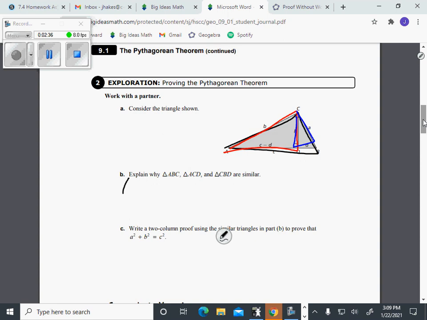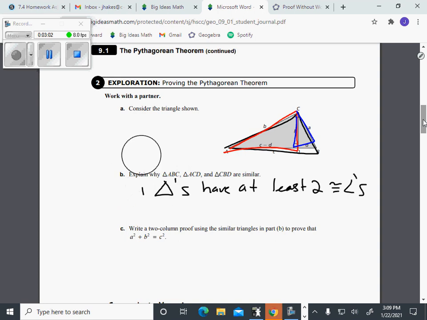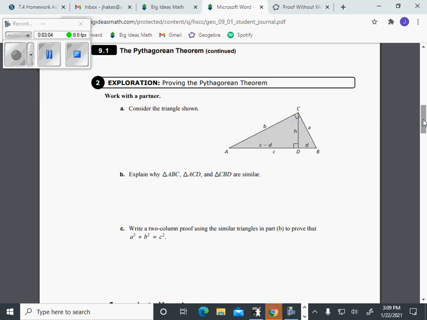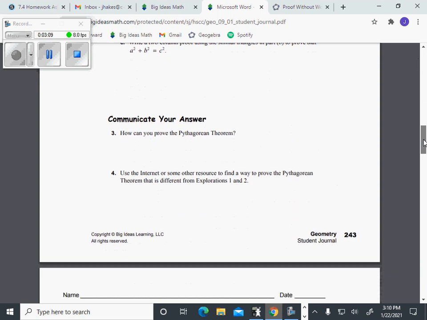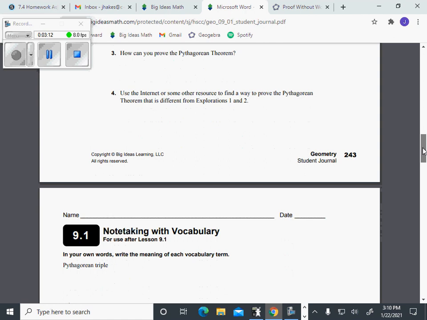Well, all of these triangles have at least two congruent angles, right? And that was from chapter 8. We said that if we have at least two congruent angles, they're going to be similar shapes. Not going to do part C. We already did number 3.